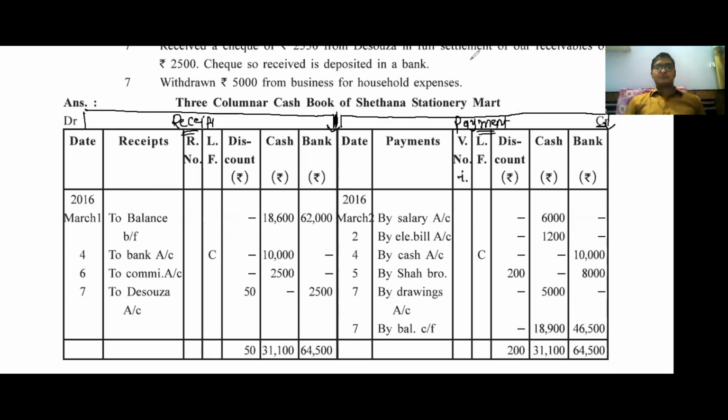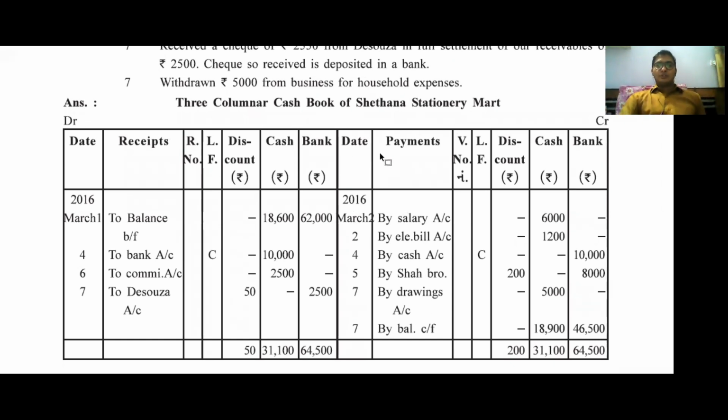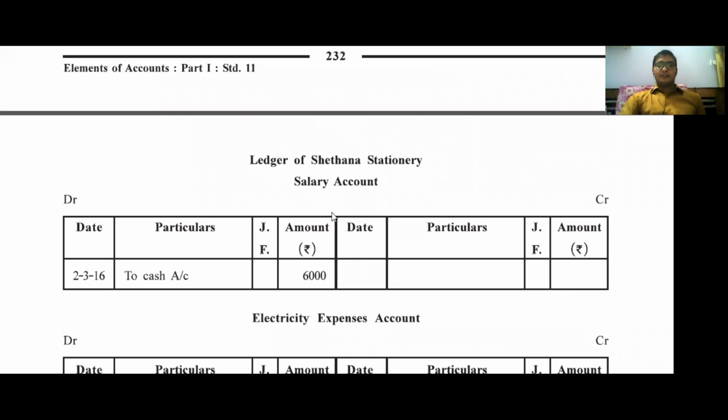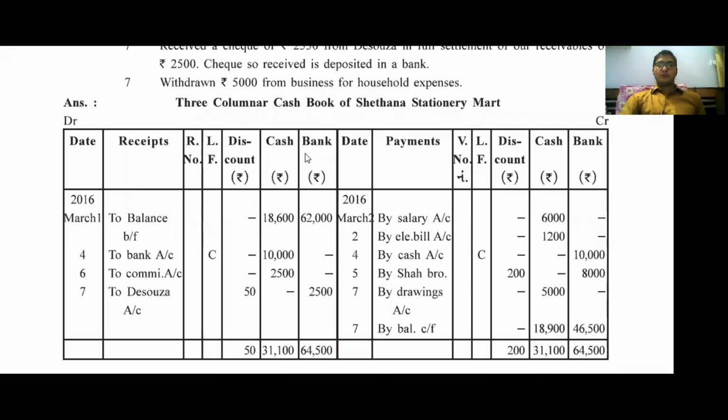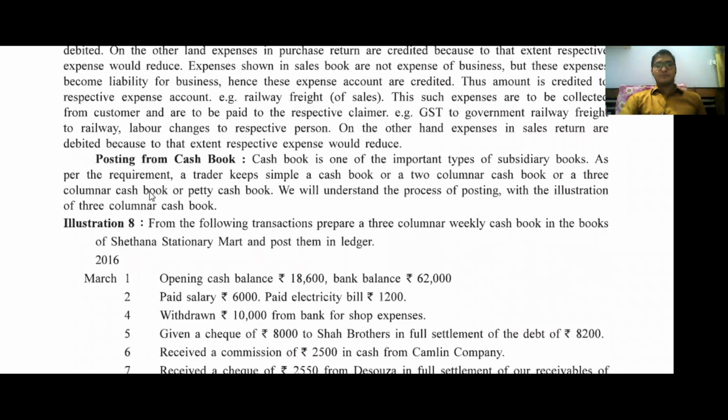Now in both these sides we have to write date as well as month, 2016 March, 2016 March. After completing this cash book, we have to prepare different ledger accounts regarding this cash book. So first of all, my duty is to prepare its cash book as well as their entry into the cash book.